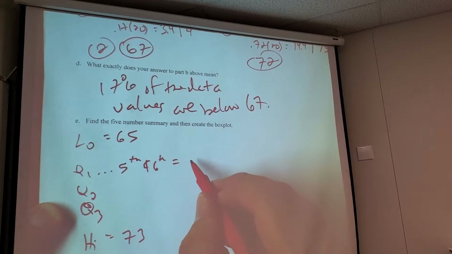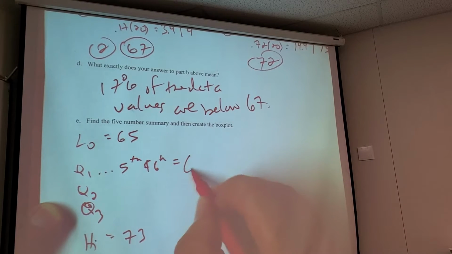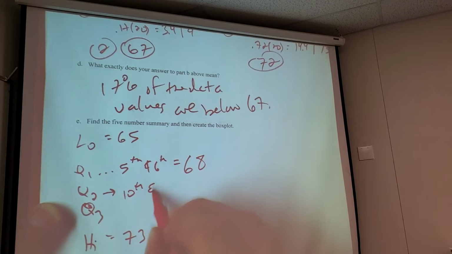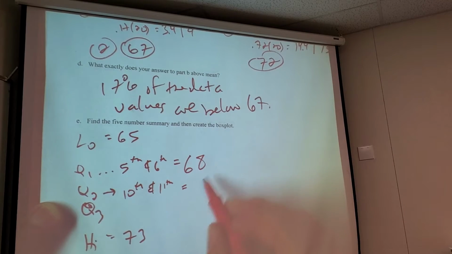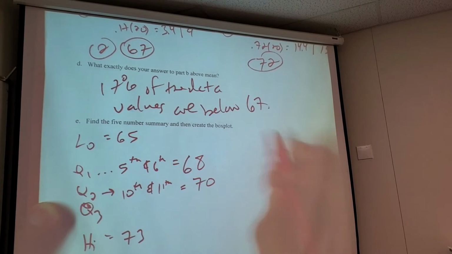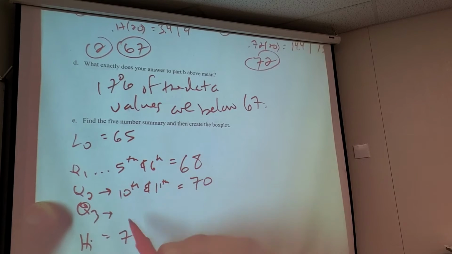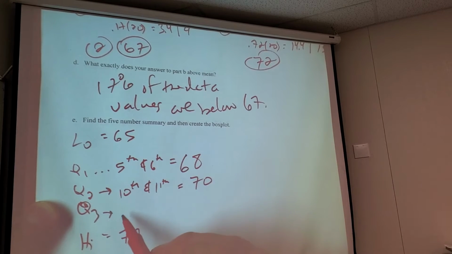So that's an easy one. Was it? 68. 68. And then Q2, half of 20 is 10, so you have the 10th and 11th numbers, and again, I think they were both the same. 70. 70. And then Q3 is going to be, what is it going to be, John? I don't know. 15 and 16?